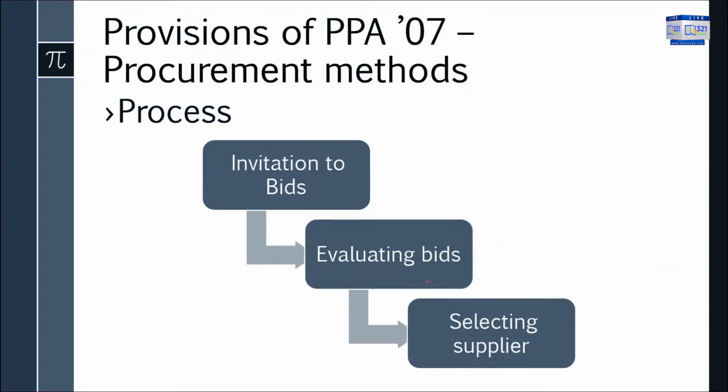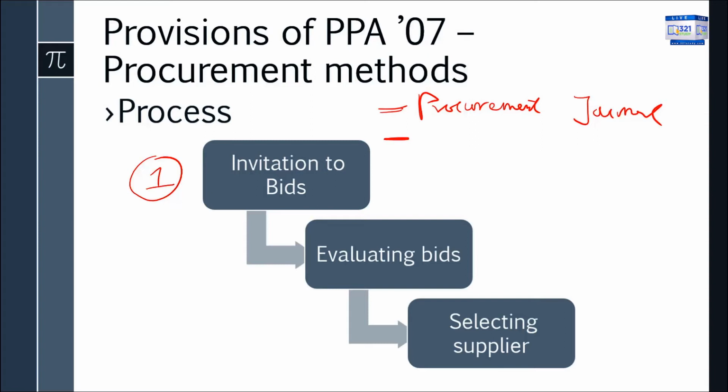hearing tenders. Now, if we look at the process of receiving tenders, first of all, we expect that the tenders board will hold out invitations to bids. They will advertise. Usually, there's a procurement journal. The advertisement will be placed in that journal and, of course, in local and international newspapers and publications.